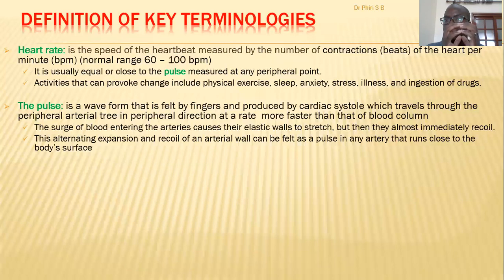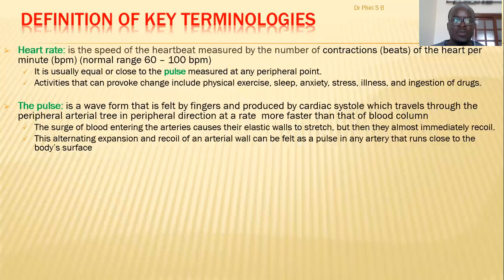So the expansion and recoiling of the aorta will result in a wave formation. This wave formation will move along the walls of the cardiovascular system all the way to the end of the arteries. So this wave formation is what is referred to as a pulse.